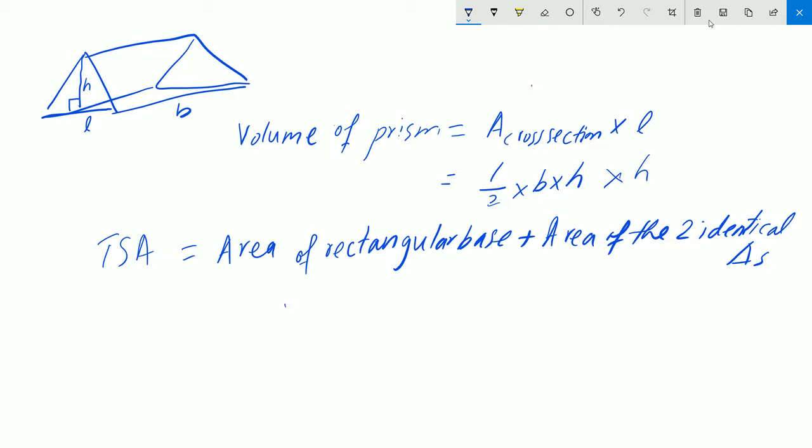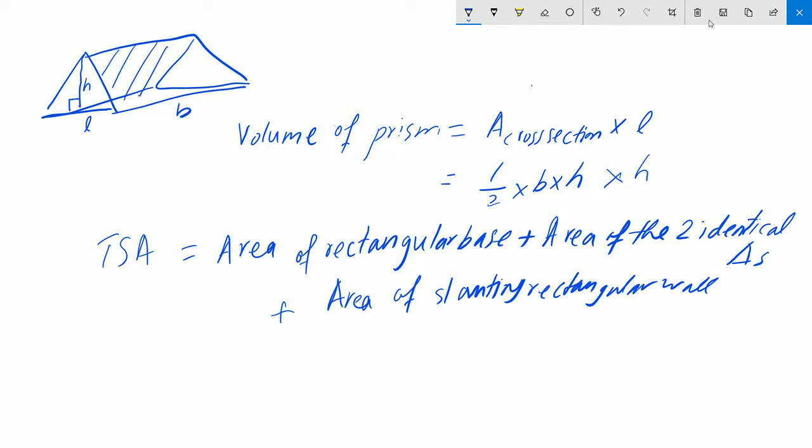And add that to the area of slanting rectangular wall, which is basically this area right here, this shaded portion.